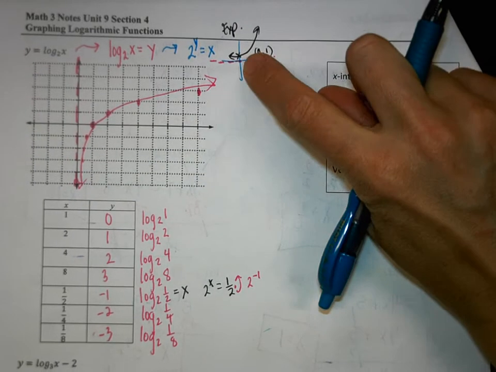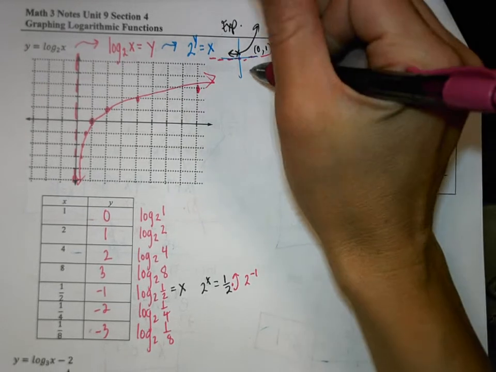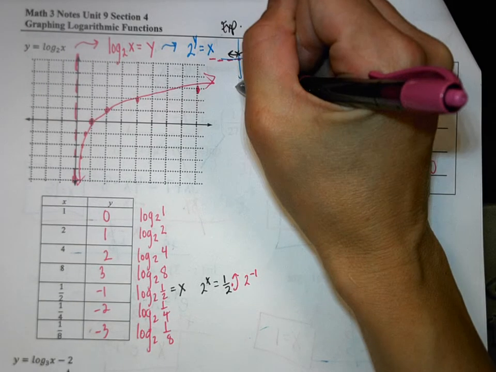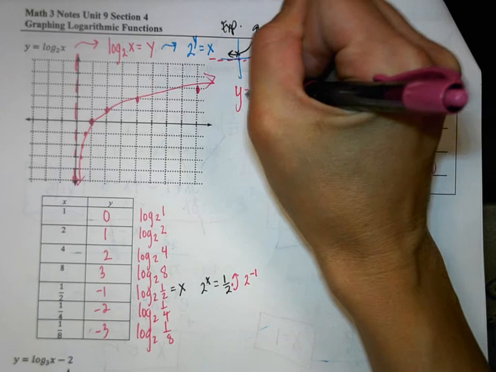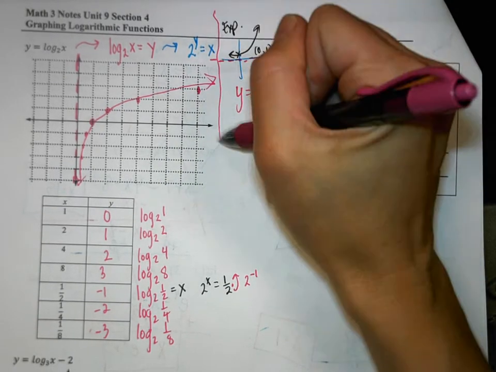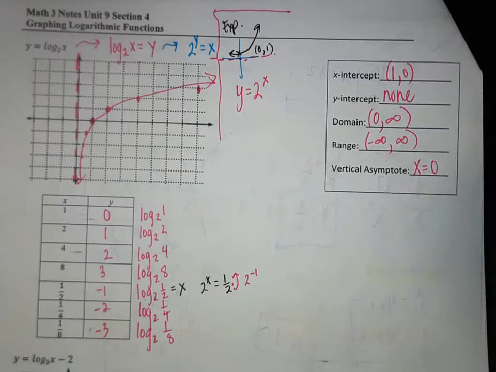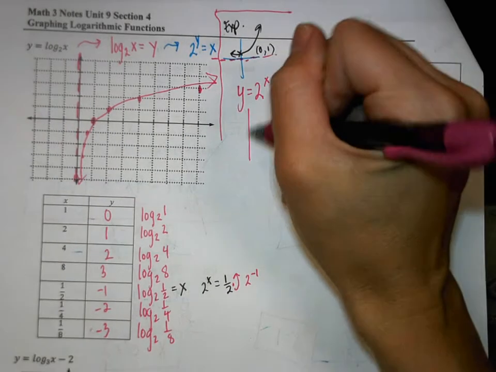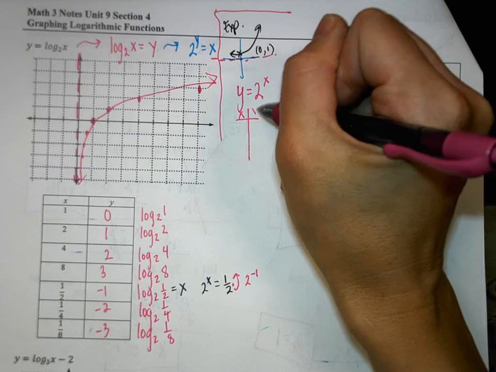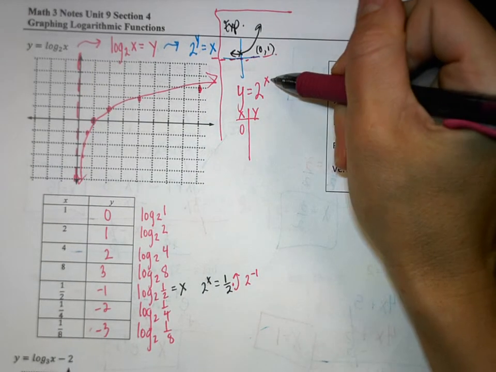Now, this exponential function, this equation is actually a y equals equation, and it was y equals 2 to the x power. Okay? So I'm talking about this piece right here. When we were solving this one and we did a t-chart, x, y, we were plugging in values for x.